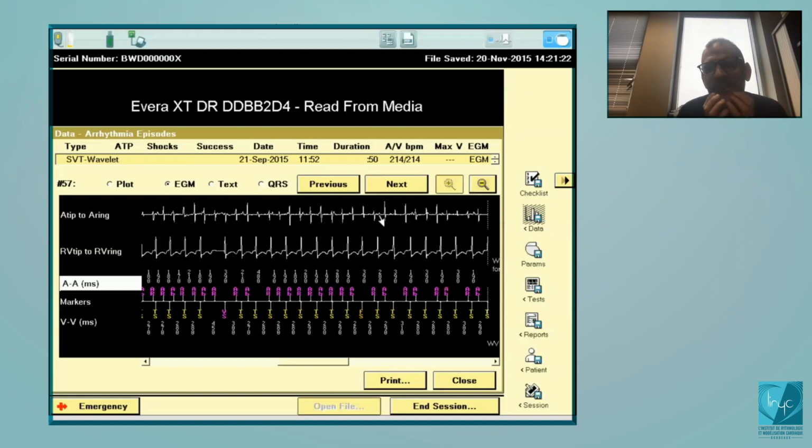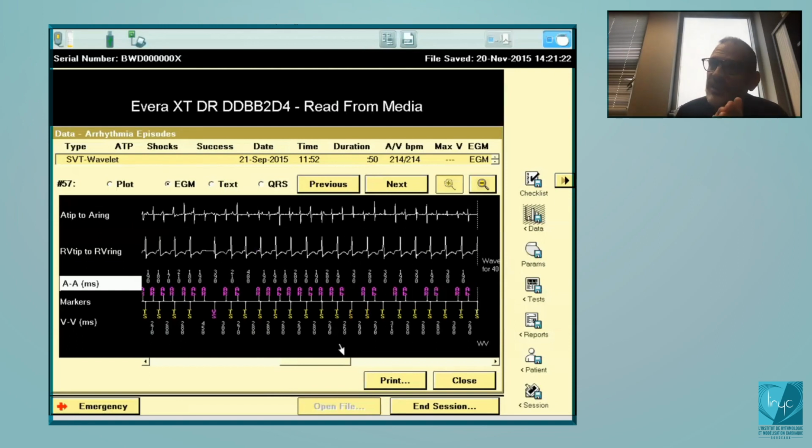The next step is then to analyze the association between atrium and the ventricle. And you see that there are a lot of changes between the AV intervals. You see, so there is no association. So that's the case where the PR logic answer will be, this is a VT. Okay. Remember, if the diagnosis of the PR logic is VT because the ventricular rate is faster than the atrial rate, there is no analysis of the wavelet.